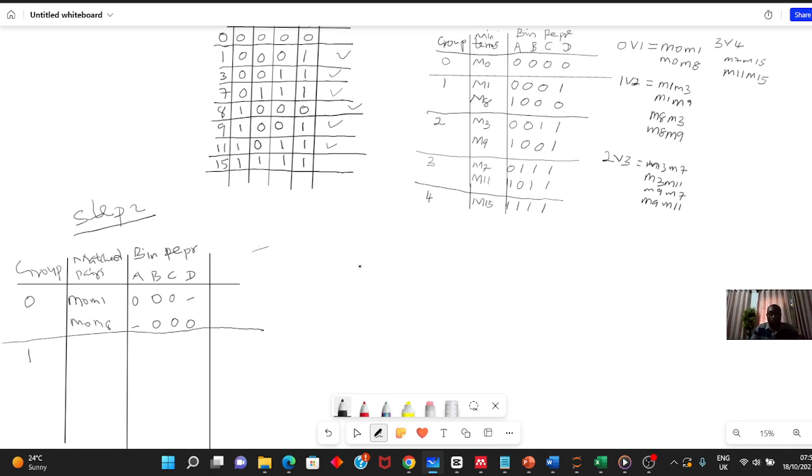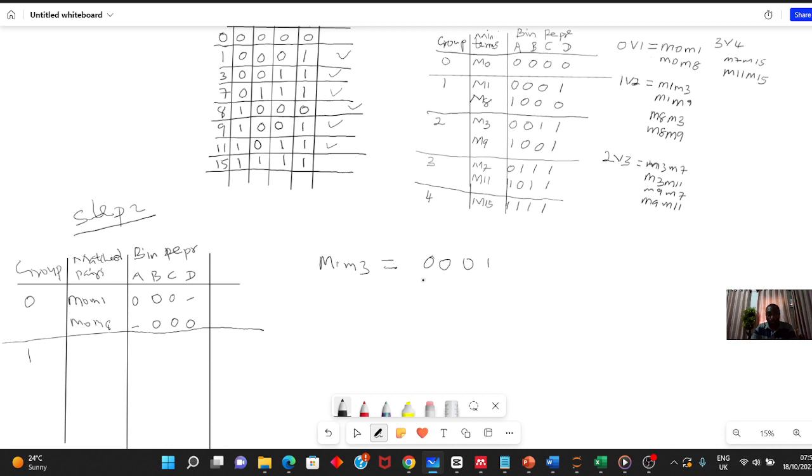In the group of 1, we have M1 mapping M3. M1 is 0, 0, 0, 1, and it is matching M3.